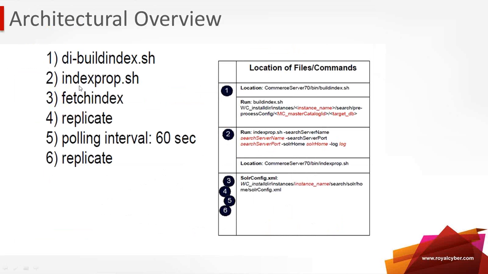Index prop sends the index file from staging to production. The index file then gets replicated from the master to the slave Solr servers, and there is a polling interval between the master and slave servers of 60 seconds.